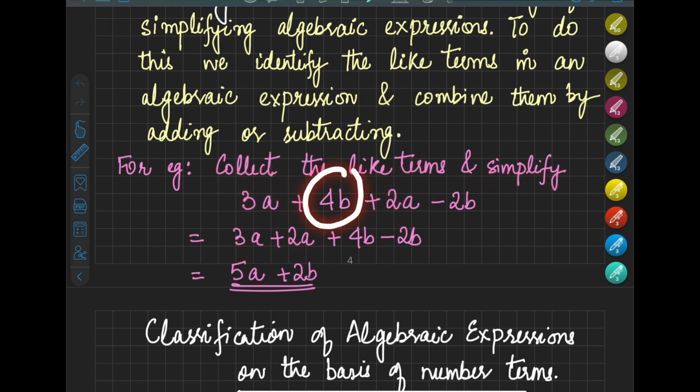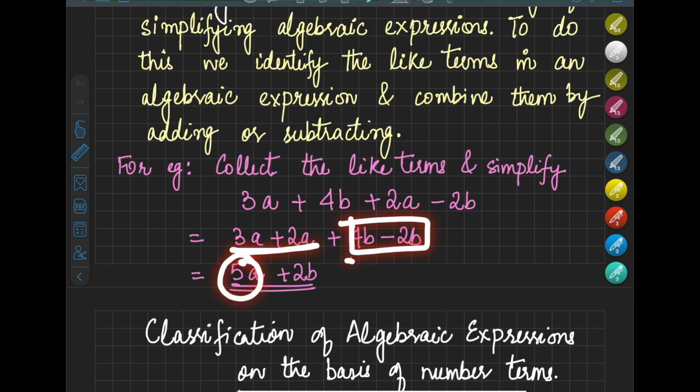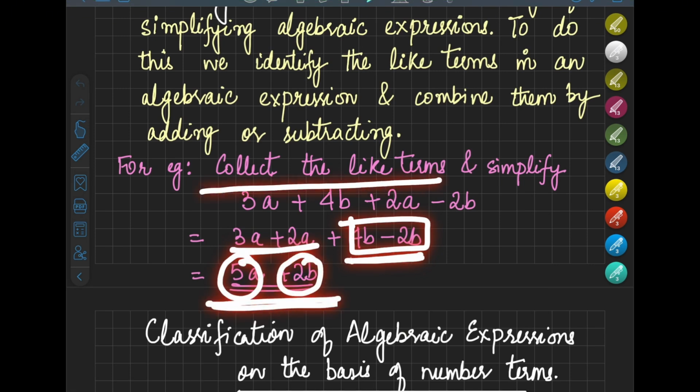Then 4b and minus 2b are like terms because the variable b and the exponent of the variable b are the same. So we have combined these two. 3a plus 2a is 5a and 4b minus 2b is equal to 2b. So this is being simplified after collecting the like terms.